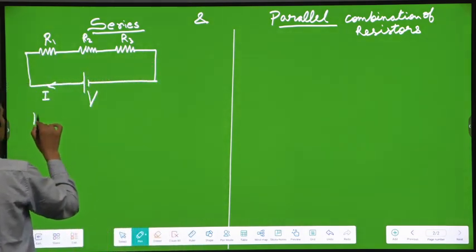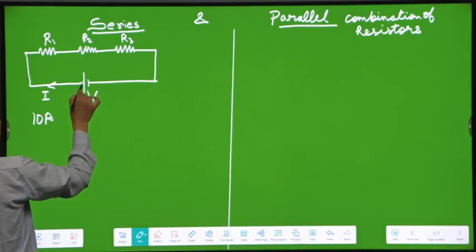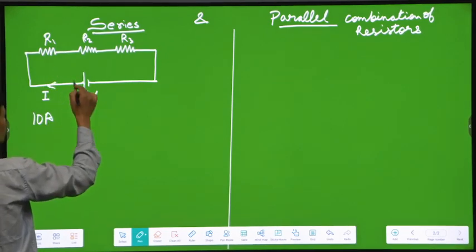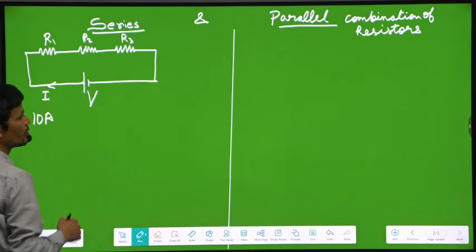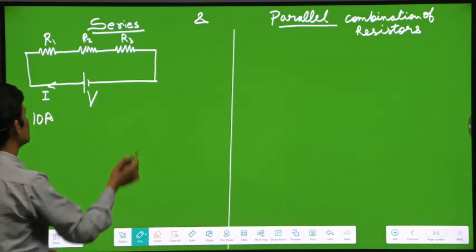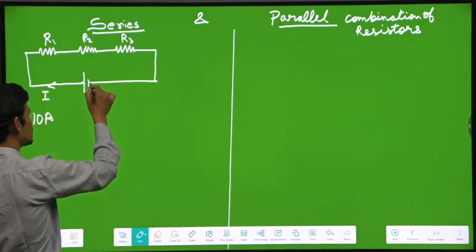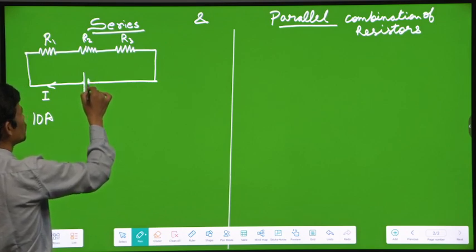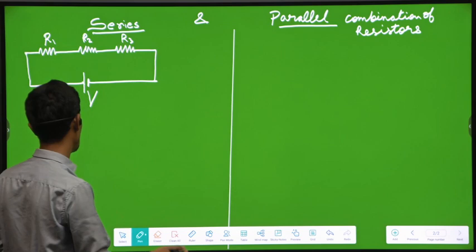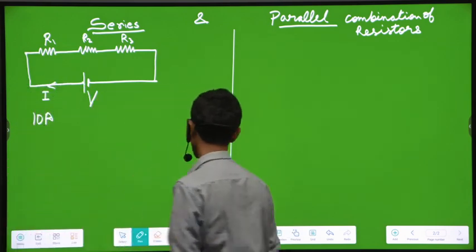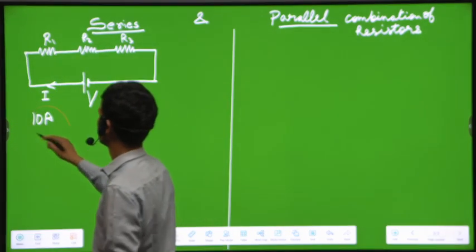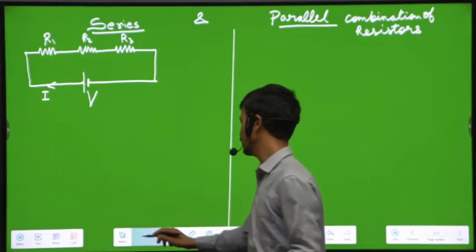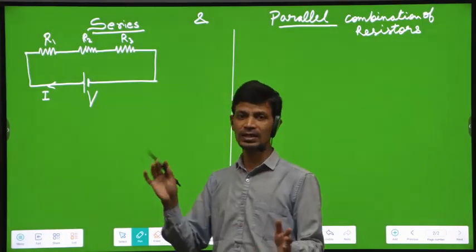So if there is 10 ampere current emitting from the positive terminal of the cell, then the 10 ampere current will enter from the negative terminal. So current remains the same ultimately, because the path is the same.